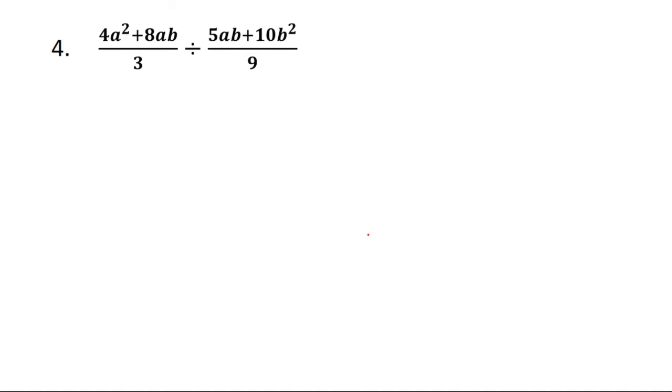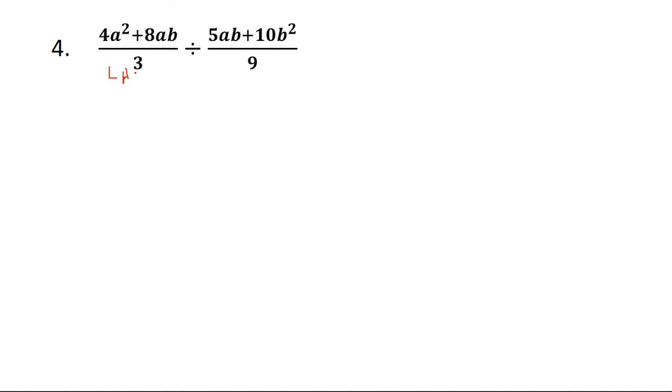Now let's pick the next example. This is on division. So we have 4a squared plus 8ab all over 3 divided by 5ab plus 10b squared all over 9. Now whenever you have a division, this is what you have to do. Keep what is on the left hand side. Now this is what I mean by what is on the left hand side.